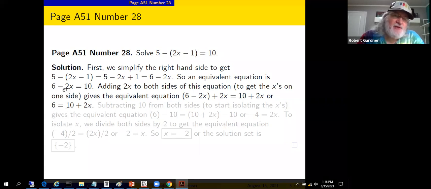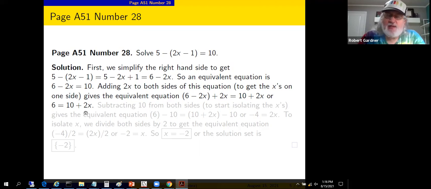It's as if we took the negative 2x from this side of the equation and placed it on the other side of the equation, but changed the sign, changed the negative sign into a positive sign. Maybe you're used to speaking in terms of take this term to the other side of the equation and change its sign if we're adding or subtracting. And that's effectively what we've done.